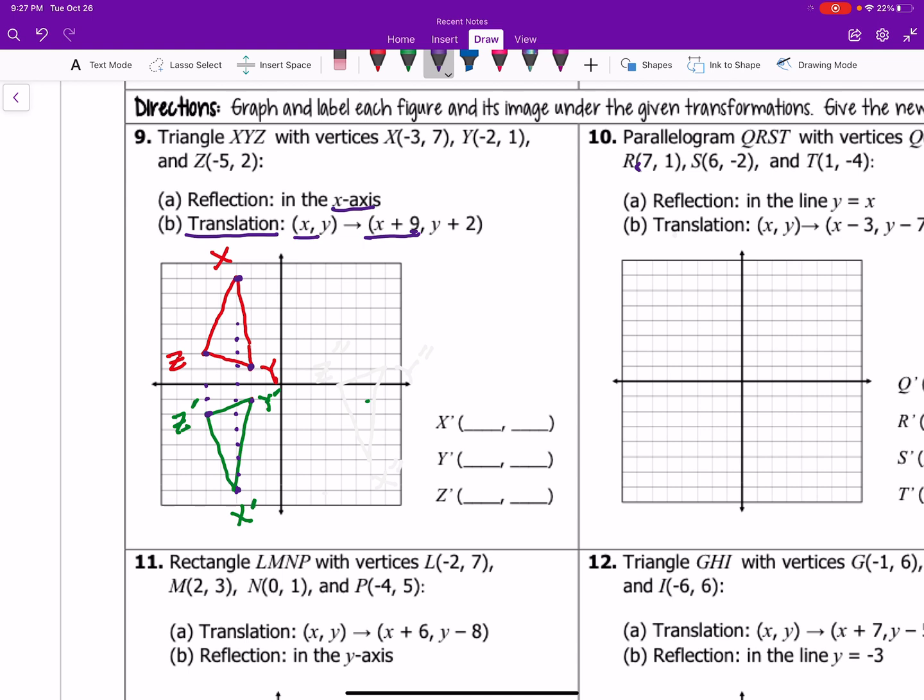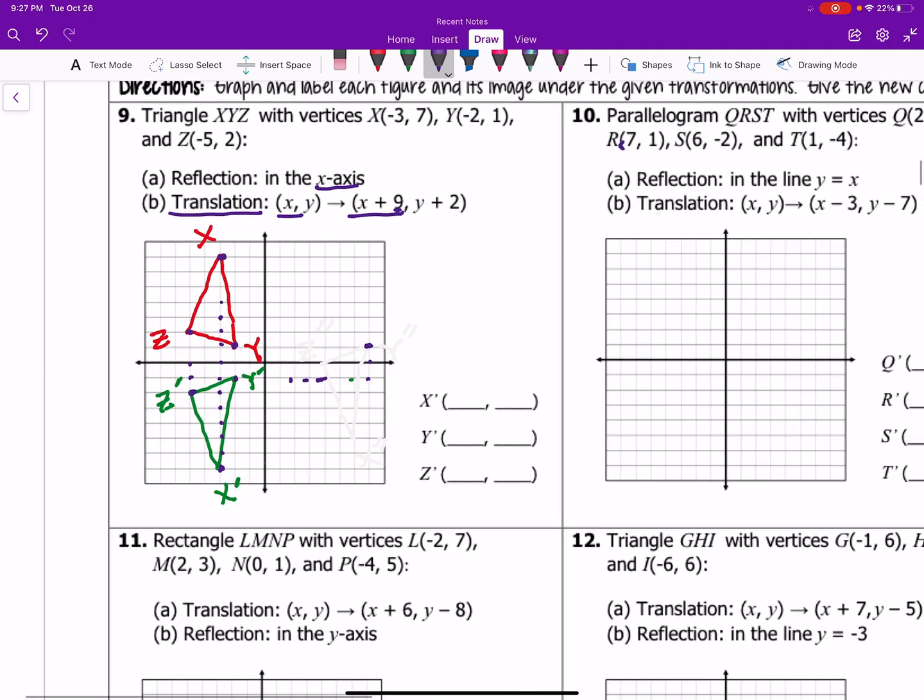So let's start moving. With this Y prime, let's see, 1, 2, 3, 4, 5, 6, 7, 8, 9, and then 1, 2. So that's my Y prime.